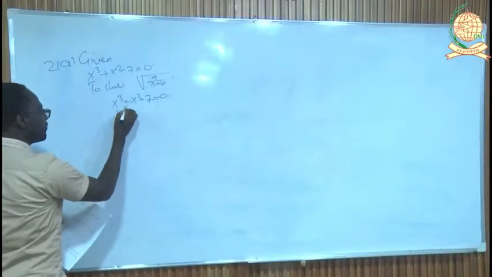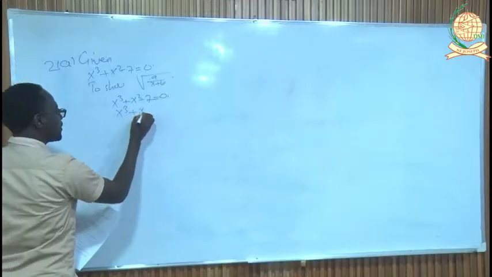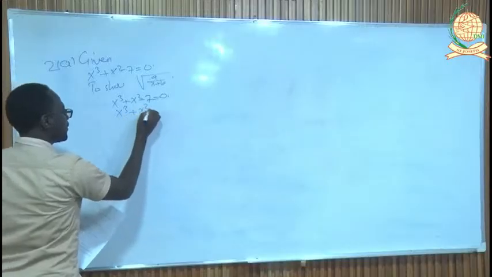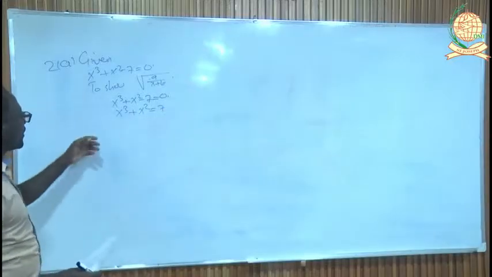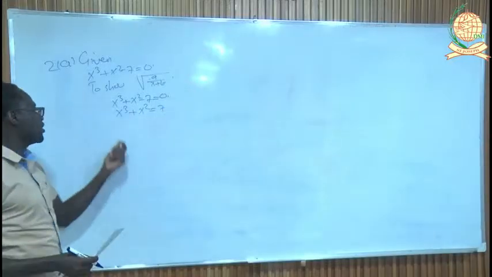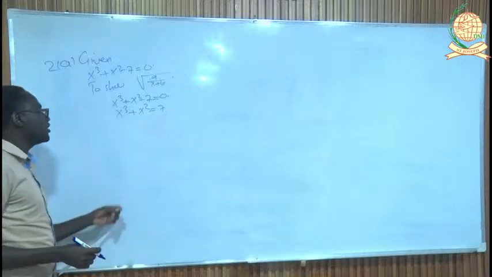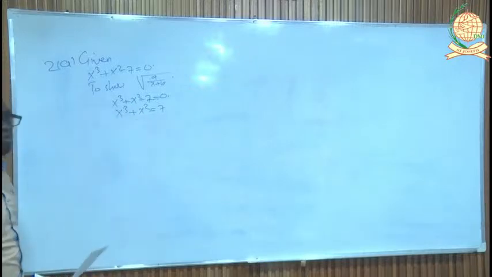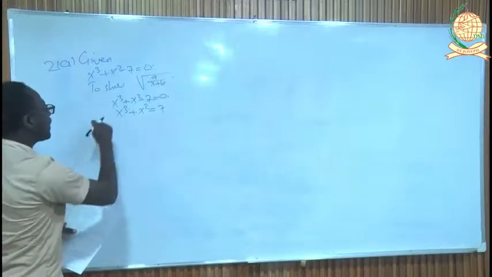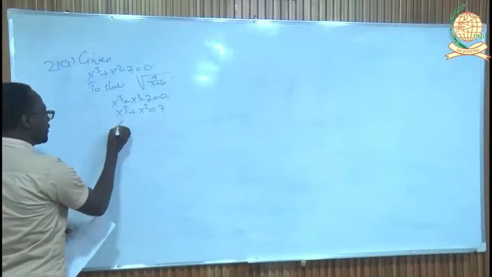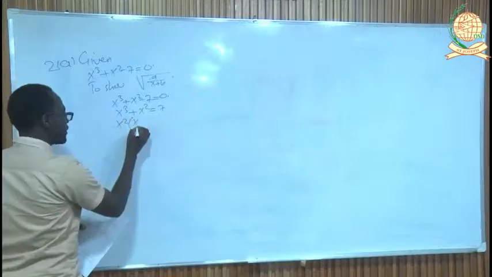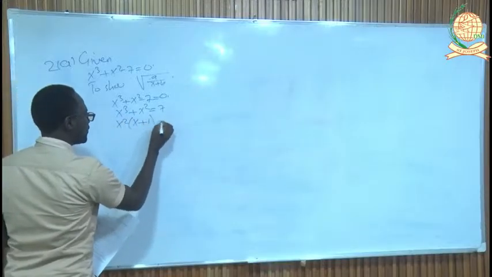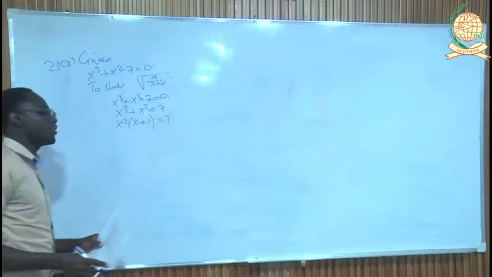Then we have x^3 + x^2 = 7. Again, the left part has x^3 + x^2. Factor out x^2, which is x^2, then in the bracket remains x plus 1. This one equals 7.